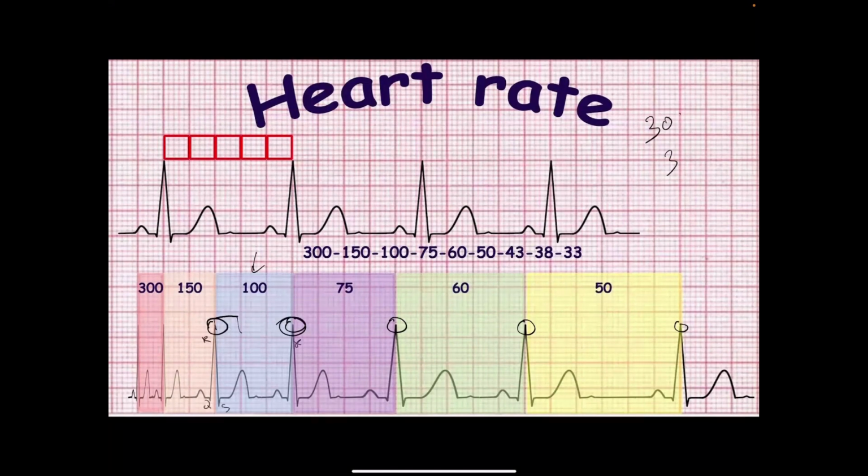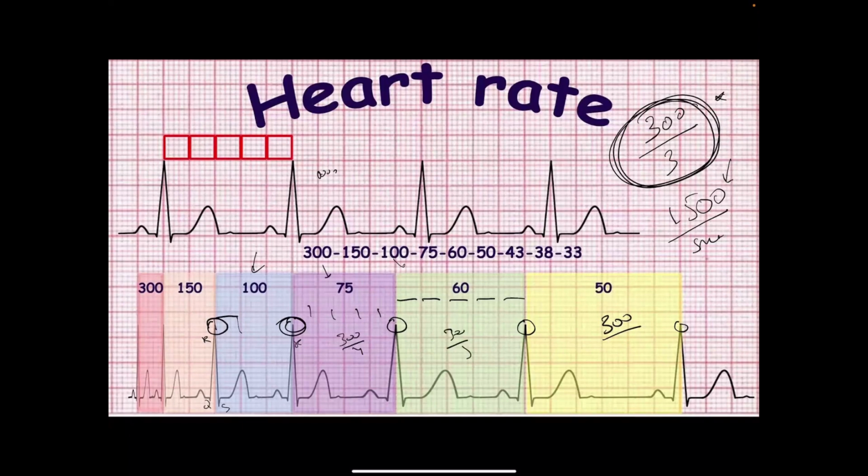Now, can you guys calculate what the heart rate is here? 60? Yes, how did you find 60? 300 divided by 5 squares, which is 60. Okay, where did you count 5 squares?